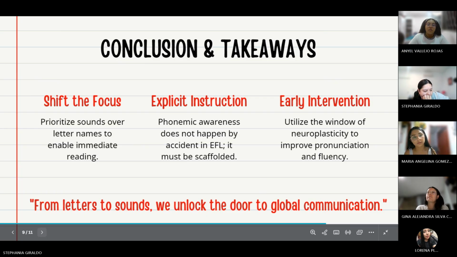And if we focus more on sounds instead of only letter names, children can develop a deeper understanding of how English works. Teaching children how English sounds, not only how it looks, can transform the way they experience the language.